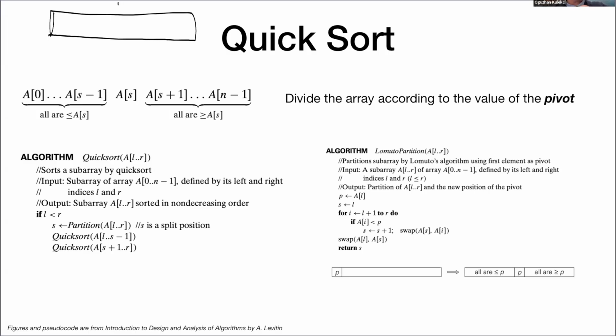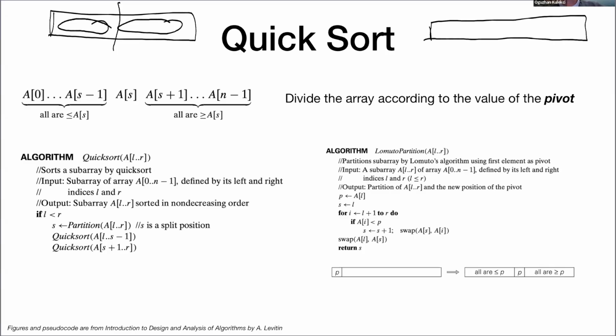You just draw a line here and say that all the elements here are the left partition and all the elements here are the right partition. On the other hand, quick sort does not simply do that; it chooses a pivot element. In the original writing, it is the first element of the array.